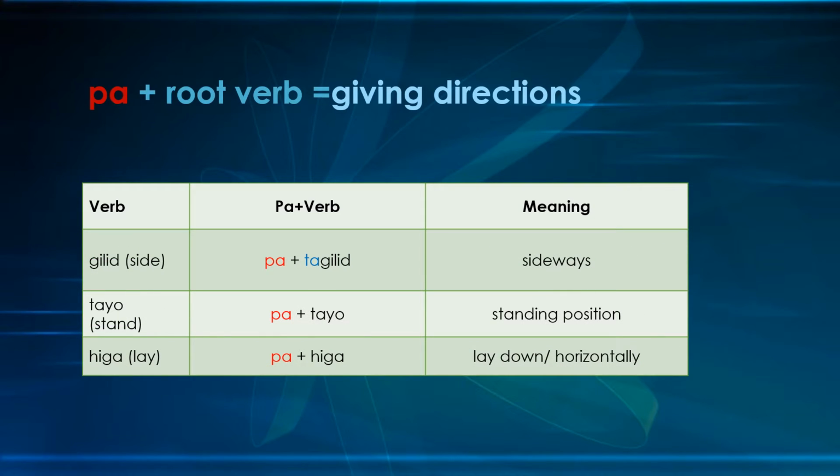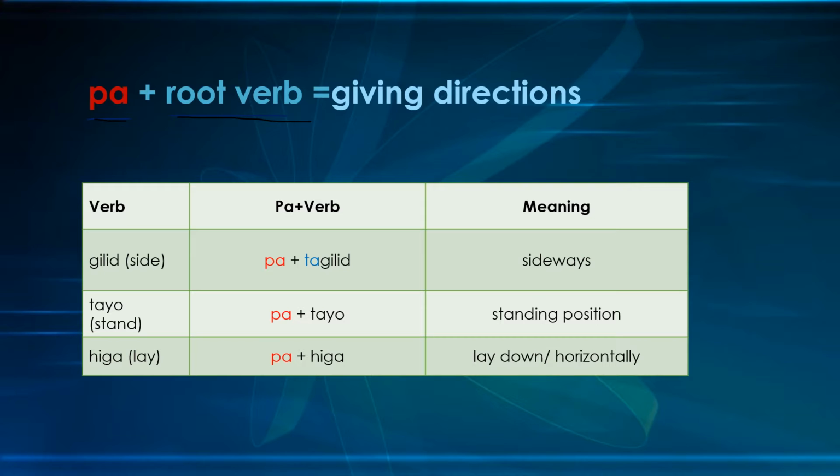Also, we have here an additional example using the same pa plus the root verb. And here we use it in giving directions. Lately, we used this pattern pa plus root verb in asking for a favor or a request. But now we are going to give instructions or directions. Let's have an example here.